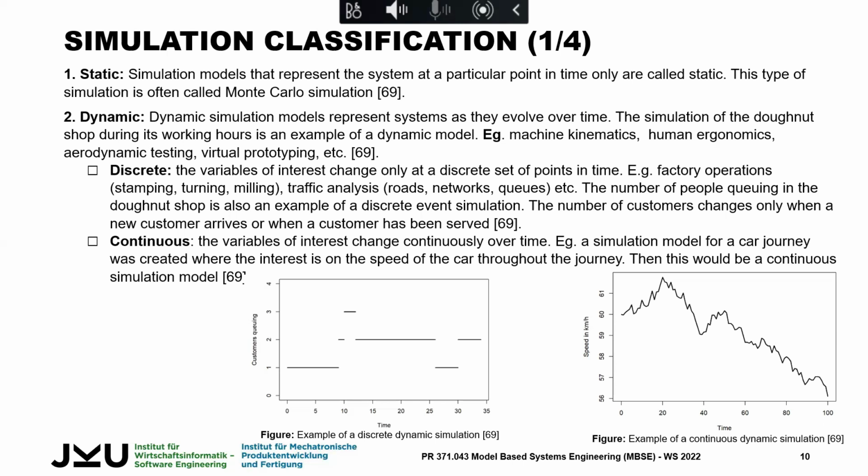So discrete and continuous simulation is quite explicit. But normally in model-based systems engineering, there is very small room for application of those things. But of course, when it is necessary, you can also do this.